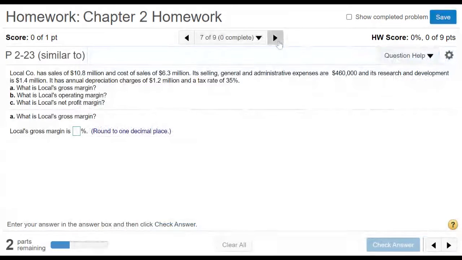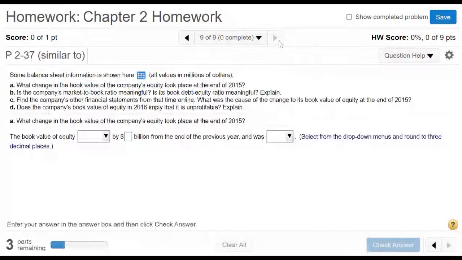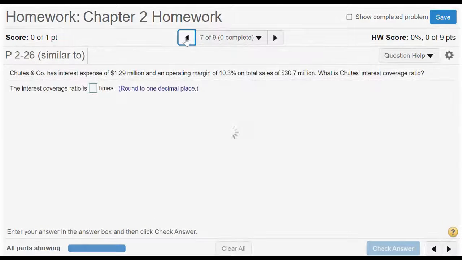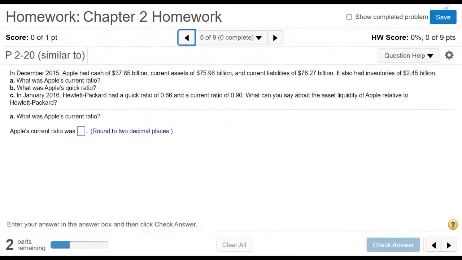Okay, let's move to this one. If I don't touch it, you know why. Hold on, let me see something.